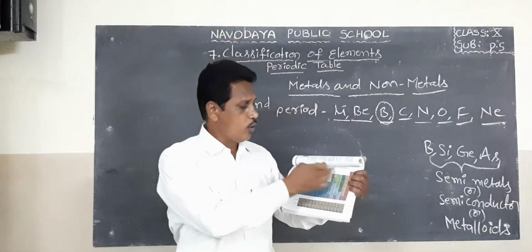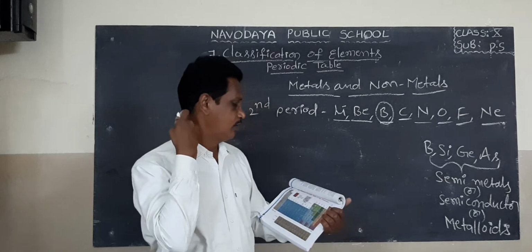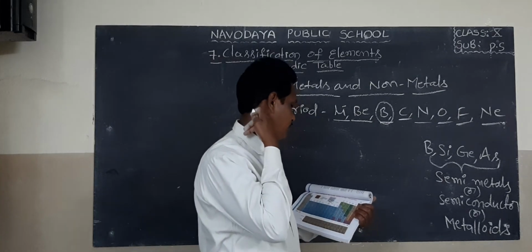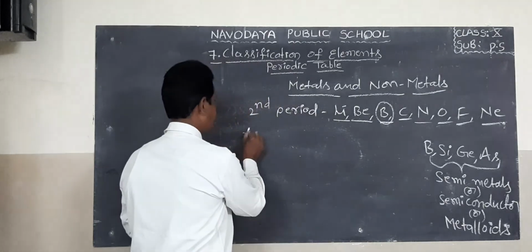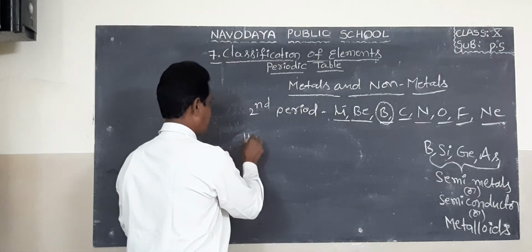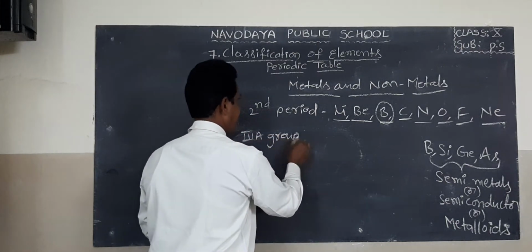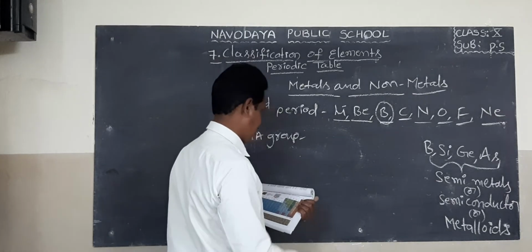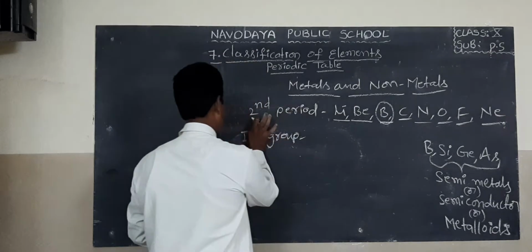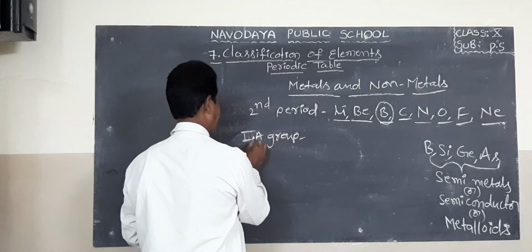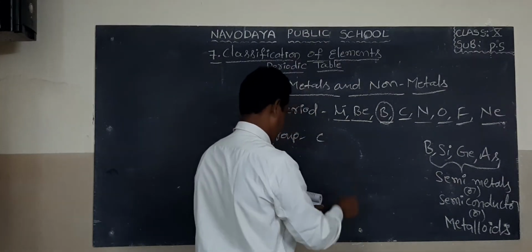Top to bottom in a group. For example, we examine the fourth A group. First one carbon.